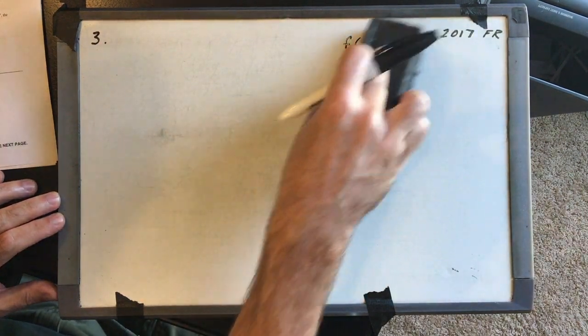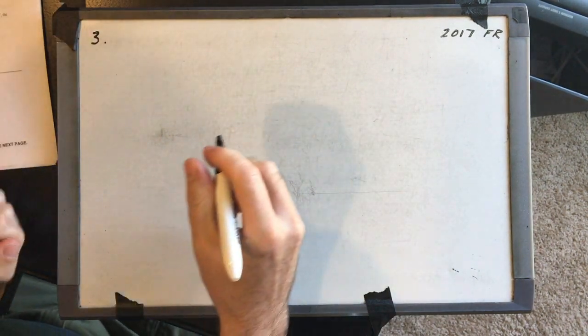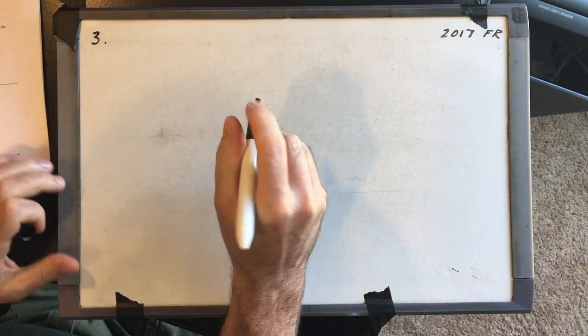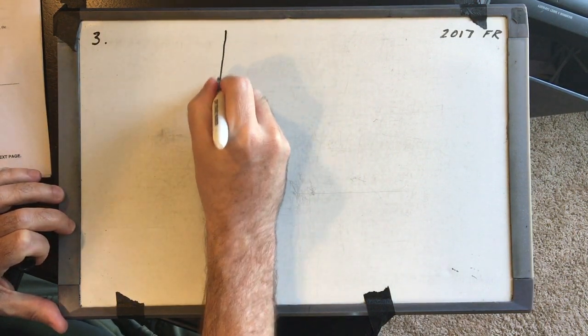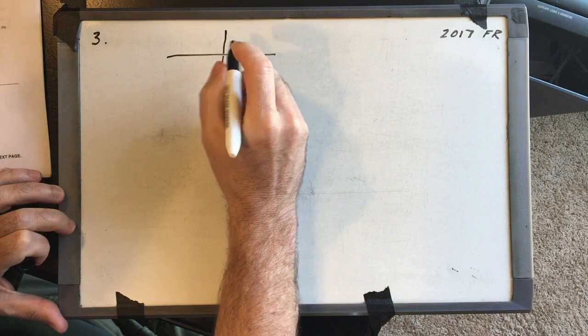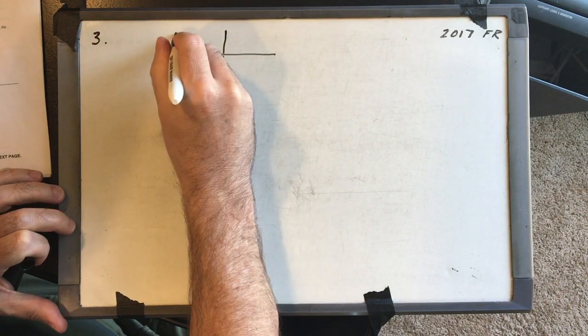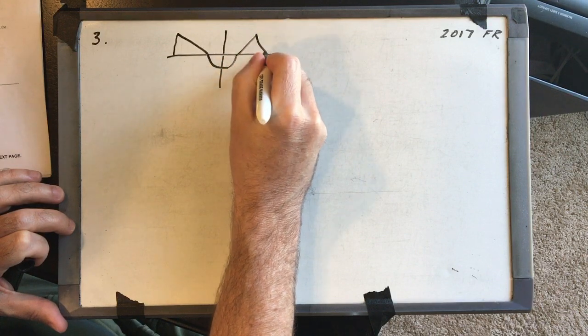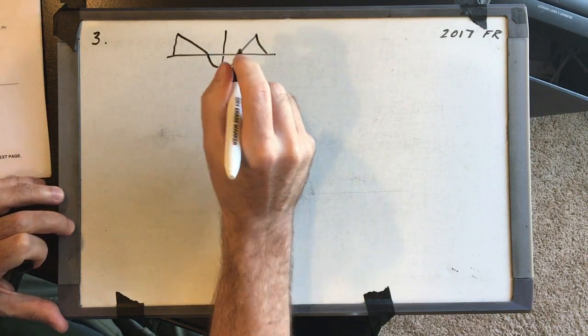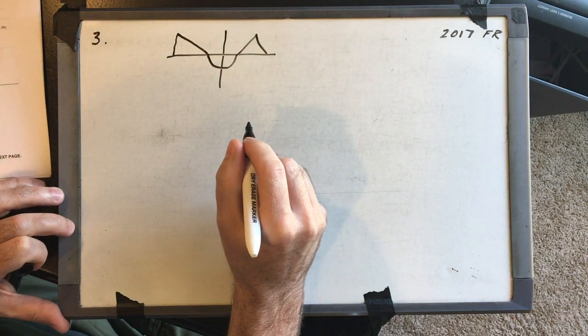Oh, dadgum, I shouldn't have erased that because we have part D. Okay, so I'm going to just quickly sketch it, I don't think I need a perfect drawing for part D. Okay, so I don't think I need the areas there.